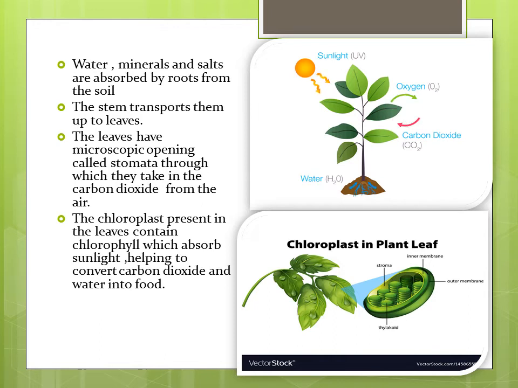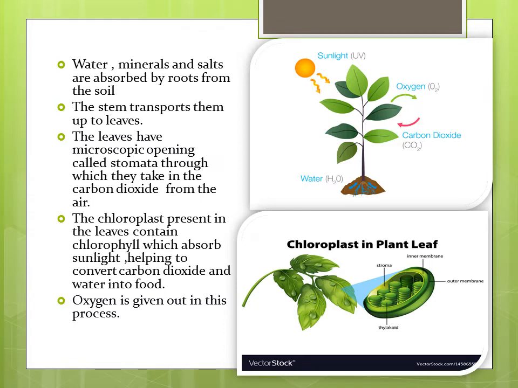The chloroplast present in the leaves contains chlorophyll, which absorbs sunlight, helping to convert carbon dioxide and water into food. And oxygen is given out in this process.